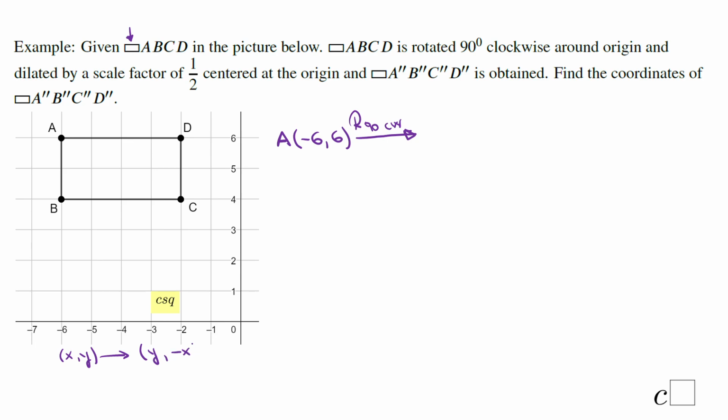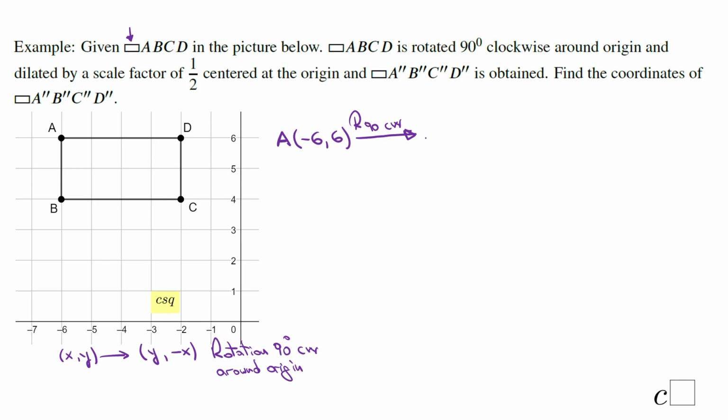You notice we switch x and y and we change the sign of x. This is a rotation of 90 degrees clockwise around the origin. And I'm going to use this rule for all 4 points.